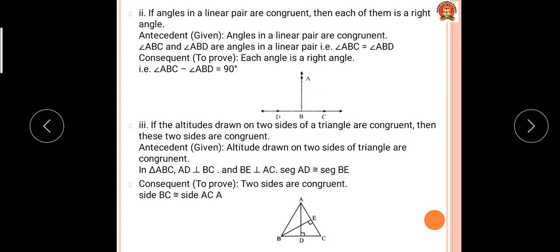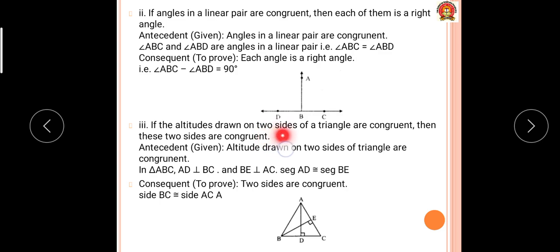Okay. If the altitudes drawn on two sides of a triangle are congruent, then those two sides are congruent. Altitude means what? Height, which is drawn from one vertex towards the opposite side, perpendicular to the opposite side. So BE is perpendicular to AC. So BE is an altitude of triangle ABC and AD is also an altitude of triangle ABC. What is the given?